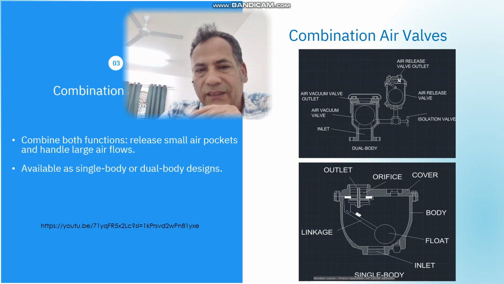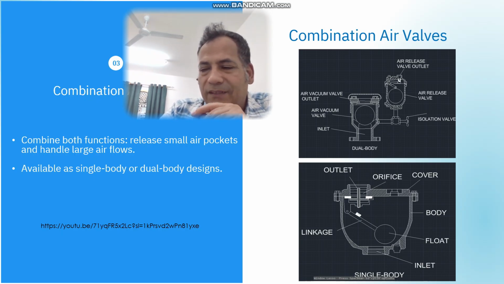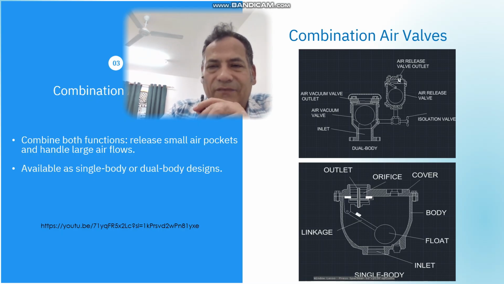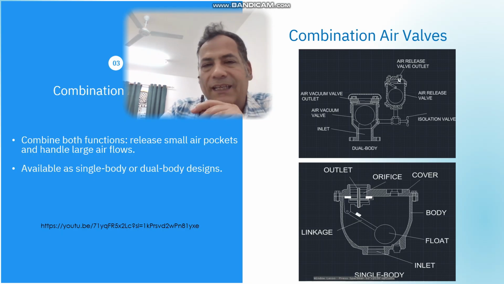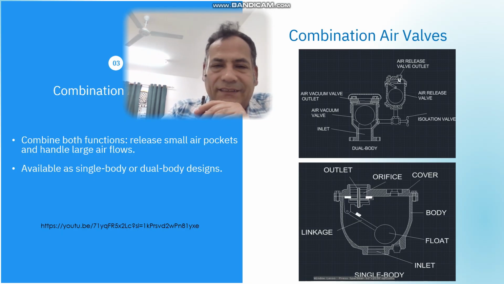That's why we need to check the line. Wherever we need to use this type of air valve, we need to check engineering manual standards, and then we can select which one is better.